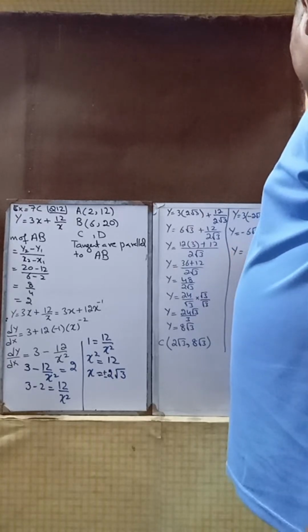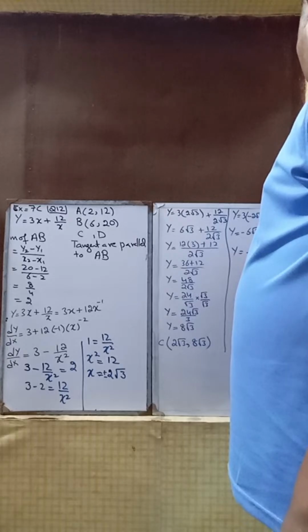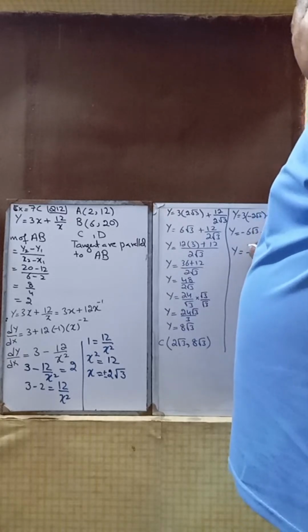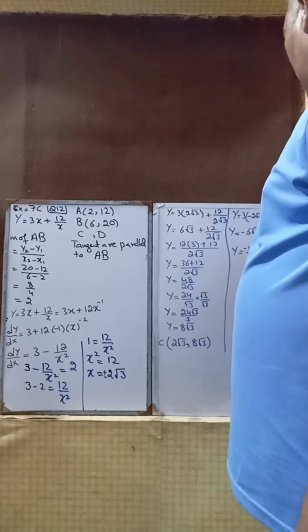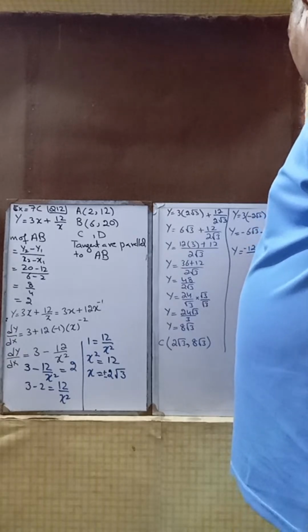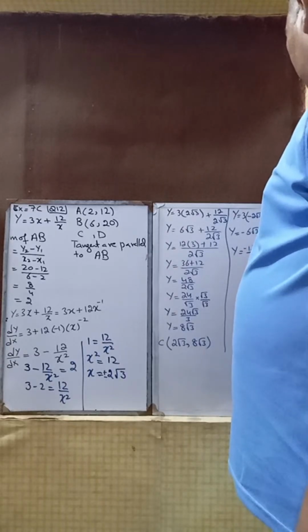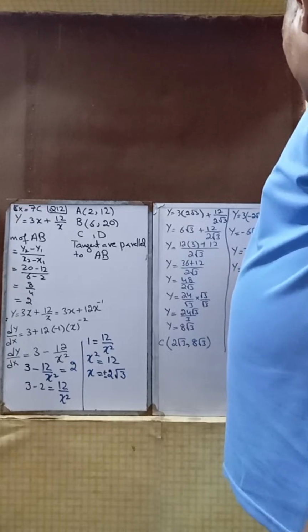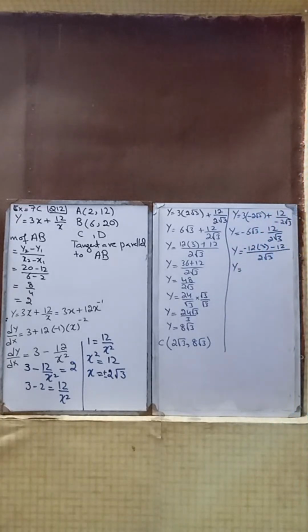We will take the LCM, 2√3: minus 36 minus 12, divided by 2√3.